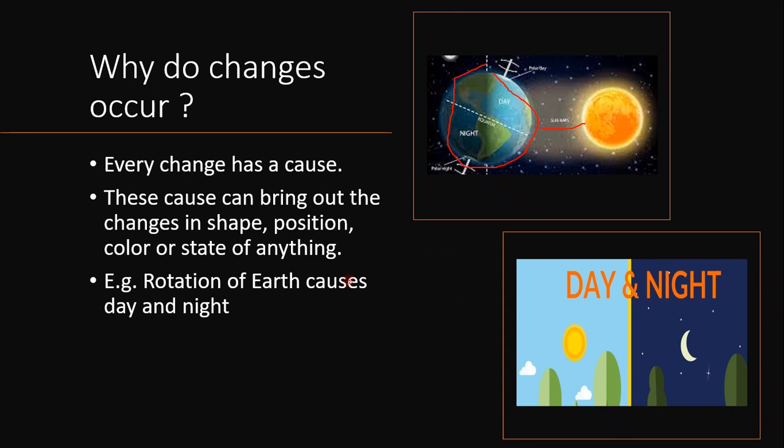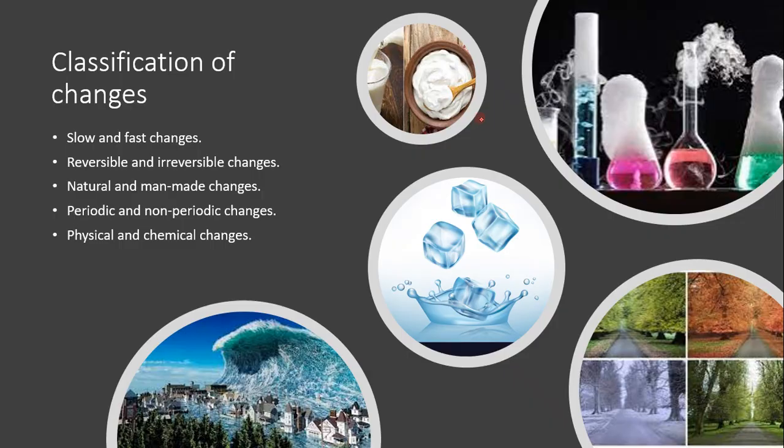Rotation of the earth causes day and night. This is also a change. But does the north hemisphere always get a day? No. Does the night side always get night? No. This is also called a reversible change.